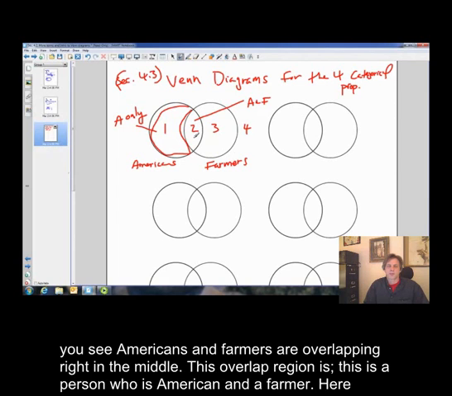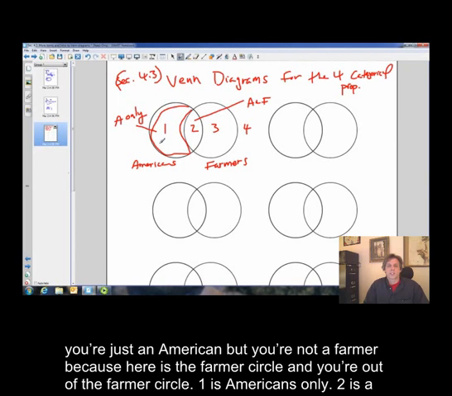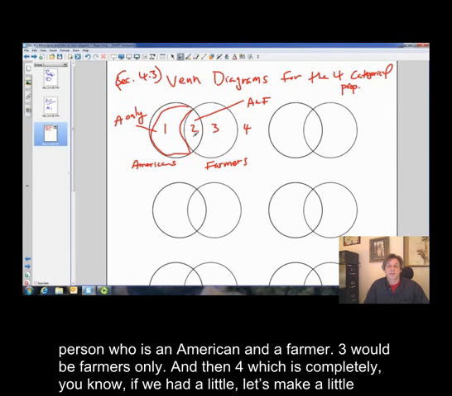This overlap region is a person who's an American and a farmer. Here, you're just an American, but you're not a farmer, because here's the farmer circle, right? And you're out of the farmer circle. So 1 is Americans only. 2 is a person who's an American and a farmer. 3, you guessed it, would be farmers only.